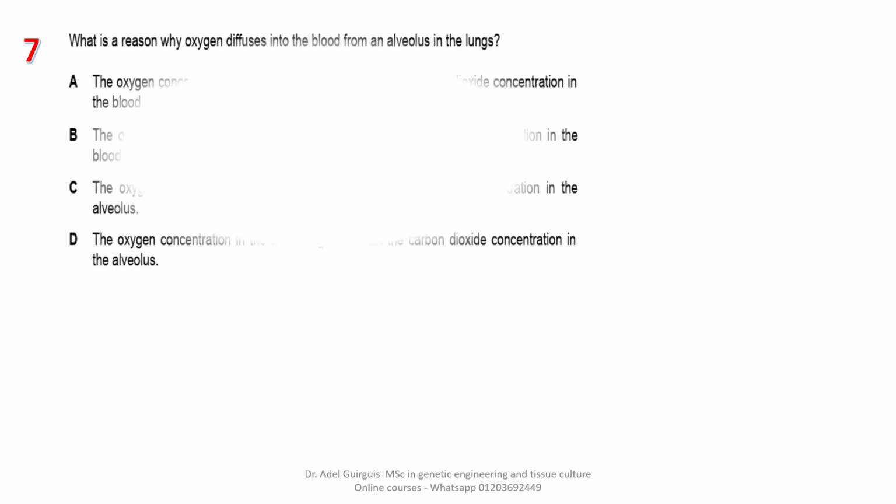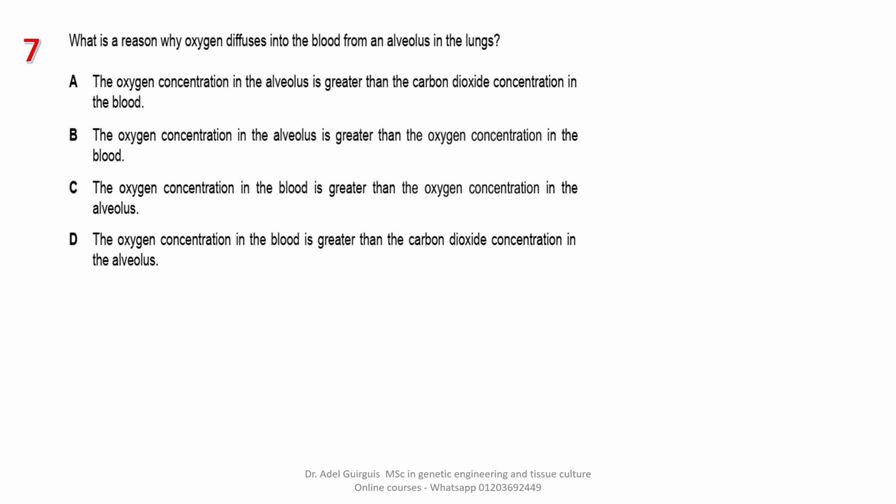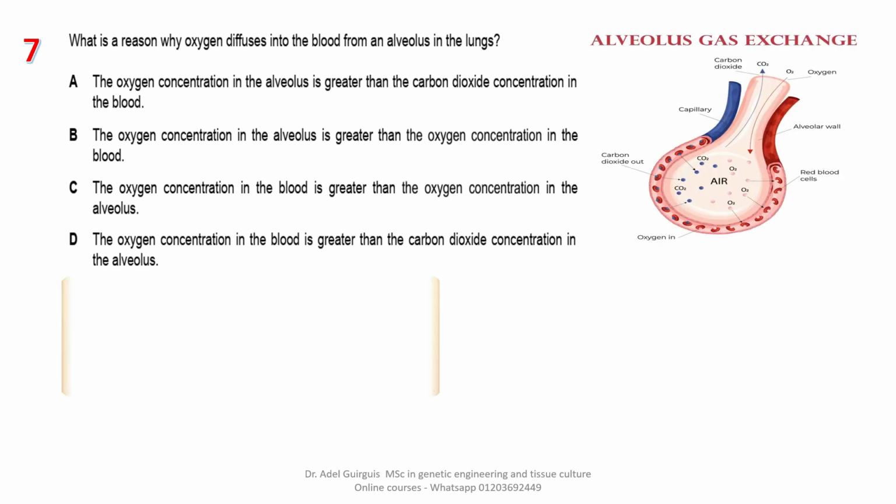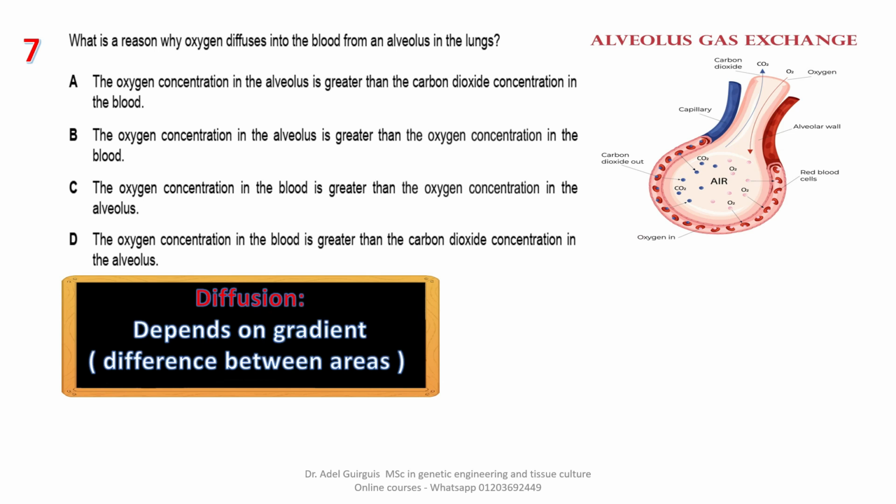Number 7. What is the reason why oxygen diffuses into the blood from an alveolus in the lungs? Diffusion of gases, either oxygen or carbon dioxide, depends on gradient. What is meant by gradient? Gradient means difference between two areas, an area with high concentration and an area with low concentration. For alveolus gas exchange, look at the gases inside the air in the alveolus and the gases in blood.